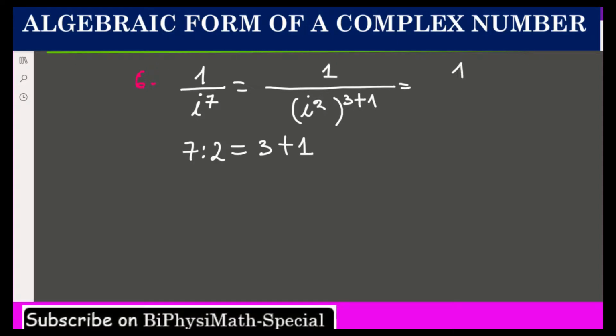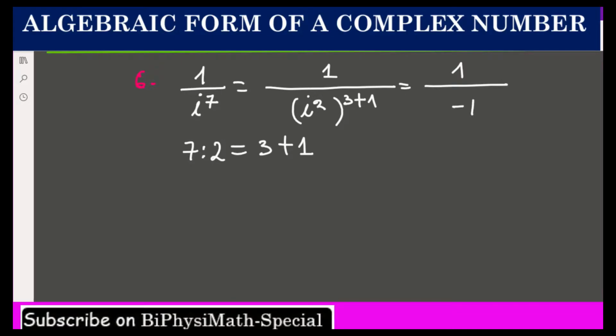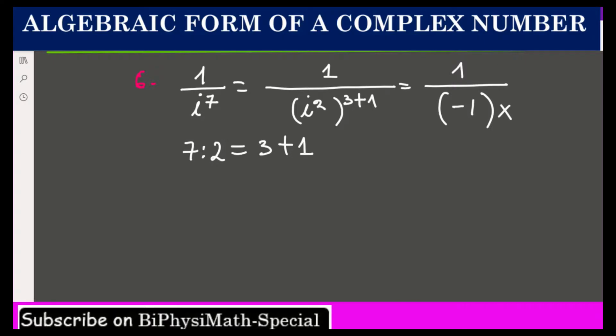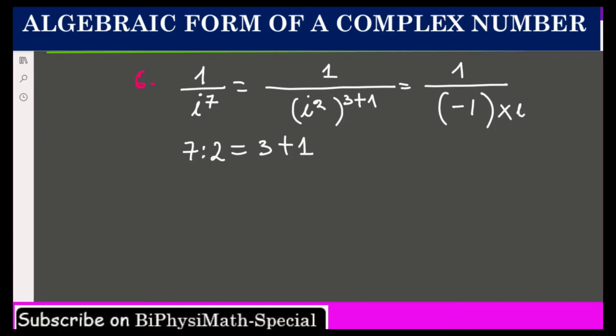We get -1, because i exponent 2 is -1, times i. Now I get 1 like this.